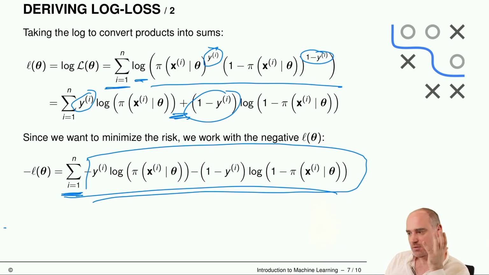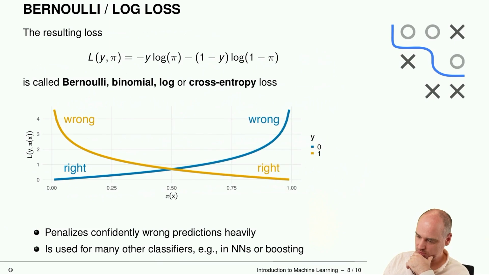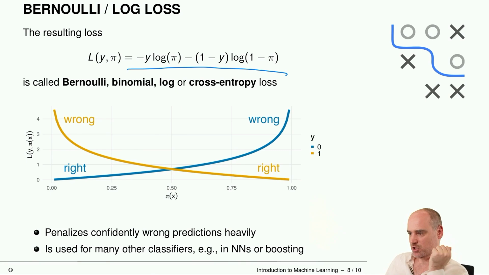Okay, granted, it's a more complicated function, maybe than expected, but it somehow compares the labels with the predicted probability of our model. So let's just write down that formula here without the sum, without any superscripts. So it's minus y times log of pi minus 1 minus y times log of 1 minus pi. That's the loss function in our empirical risk minimization that we've seen on the slide before.